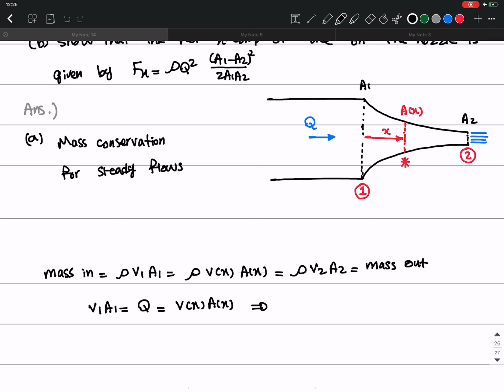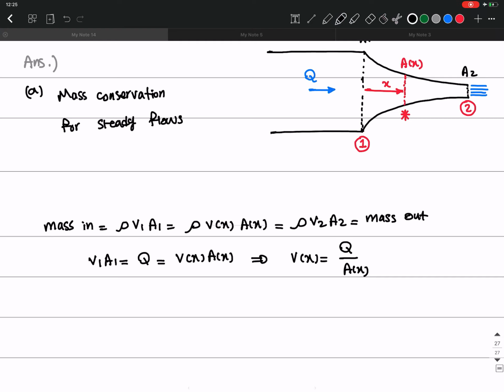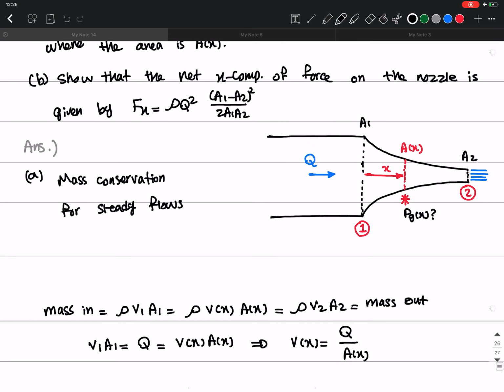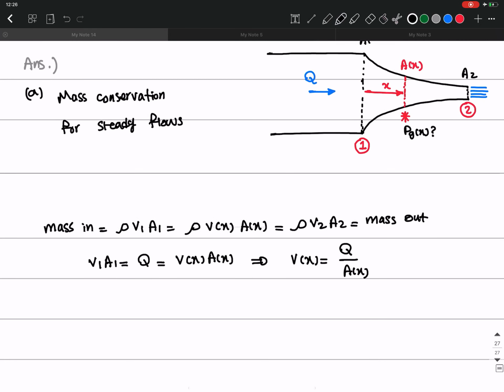And so I can say that Vx, the velocity at this arbitrary point star, is going to be Q, the volume flow rate, over Ax, the area at that point. So this is mass conservation, and what we want here is the gauge pressure at this point. What is Pgx, say?